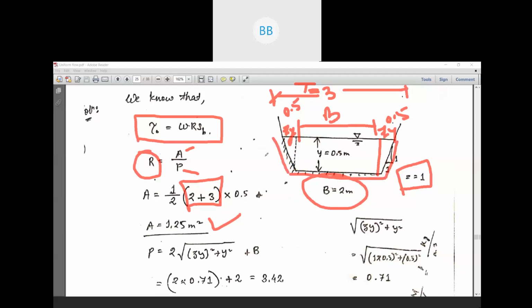As the side slope is same on both sides, we will find out one side and then multiply it by twice, and in addition the width of the channel B. If this is A, this is B, so twice of AB plus width of the channel, that is your weighted perimeter.